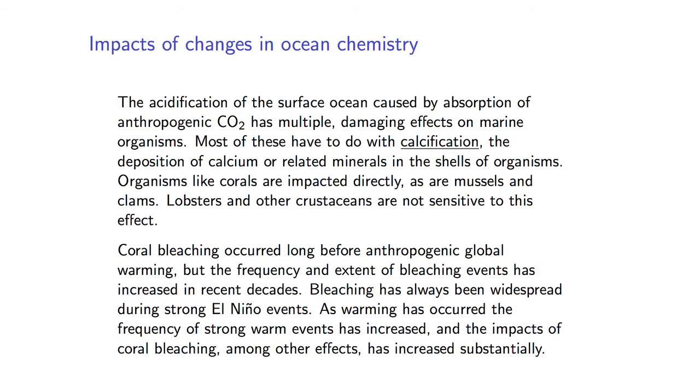Okay, very quickly, you're aware that ocean chemistry is changing. The ocean is becoming more acidic because of the uptake of carbon dioxide. There are a lot of organisms that rely on ocean chemistry to build the shells that they live in. And so the business of decreased calcification is a serious concern.